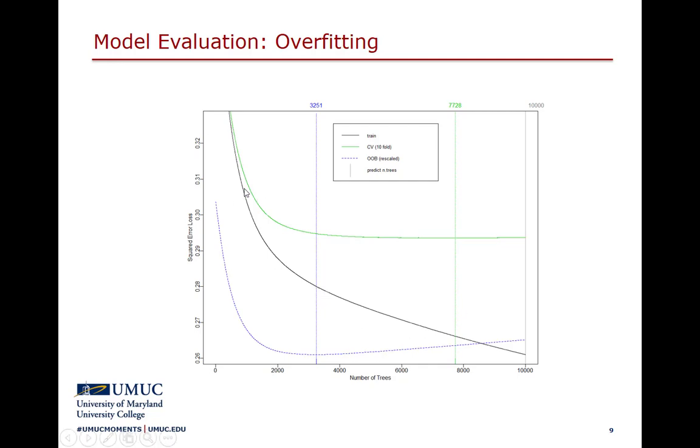Now here, I have two separate lines on independent samples, meaning samples that are not being used in the training. Typically you don't have to use two different separate sets.